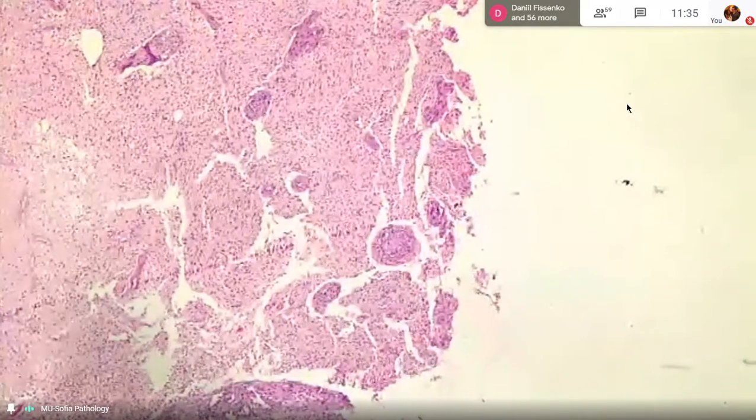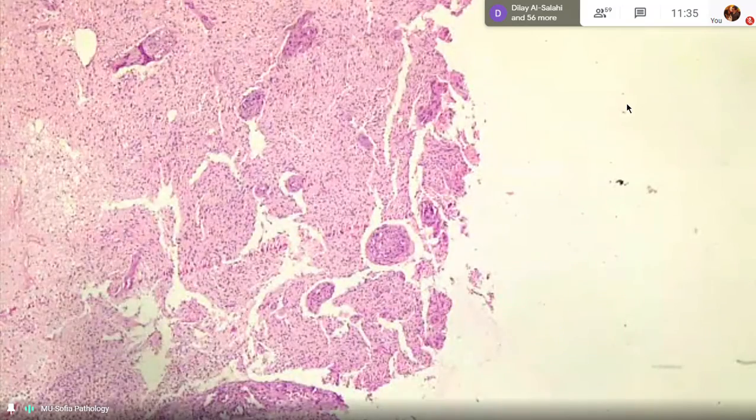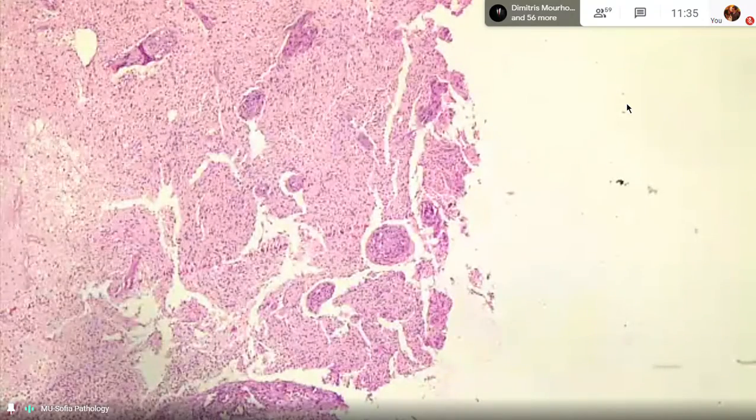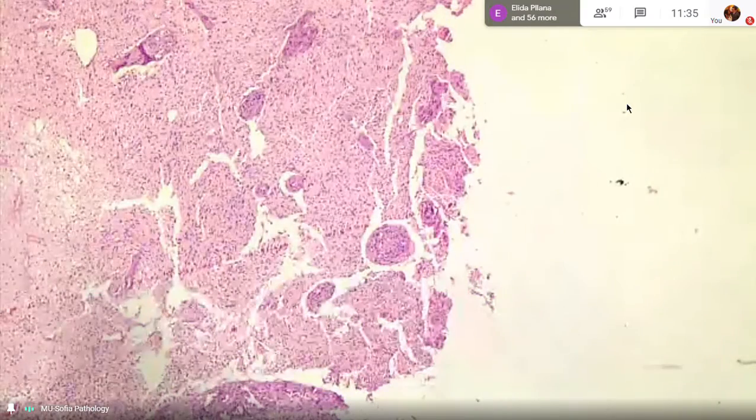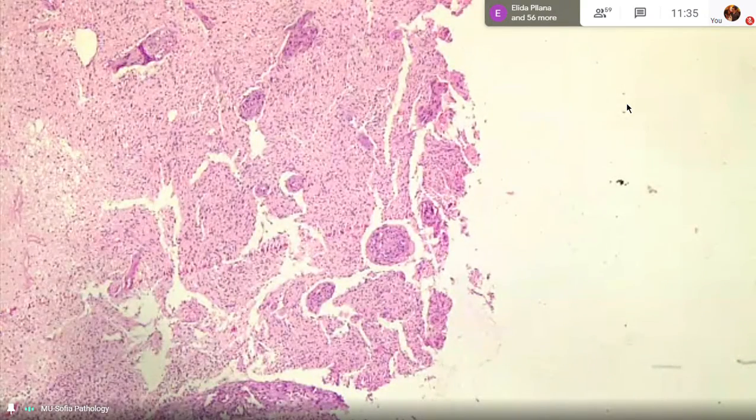Because we don't have a pointer, I put the areas of interest in the center. This globe in the center with proliferation of vessels reminds of the glomerular structure. Do you have this impression? And this is very specific for the glioblastoma multiforme.